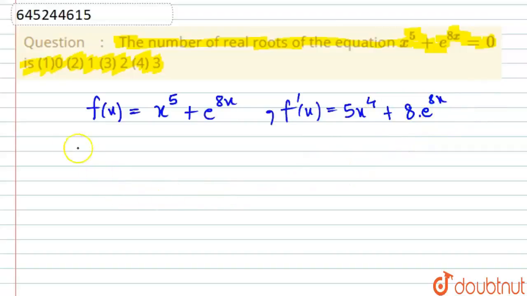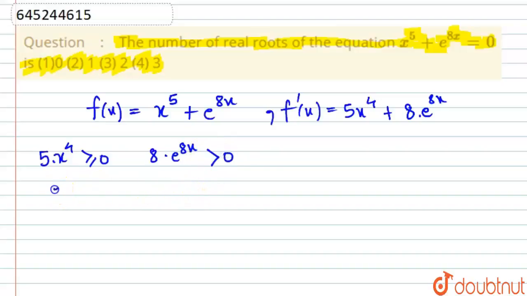Now x^4 is always greater than or equal to 0. So similarly for 5x^4 also, because 5 is greater than 0. Now 8e^(8x) is always strictly greater than 0.